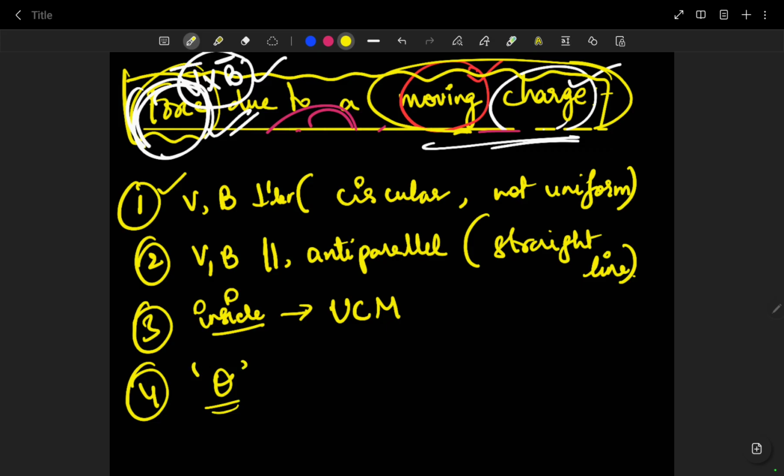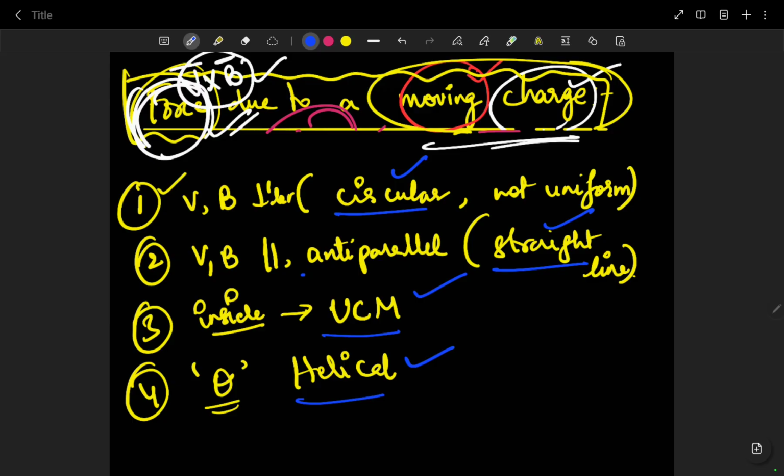So in this case, you'll be able to see that the path is helical. So can you see the range of motion that the charge is experiencing? Straight, circular, uniform circular, helical. So these path predictions are very important for us to understand how a charge will act whenever it is kept in a pre-existing magnetic field.